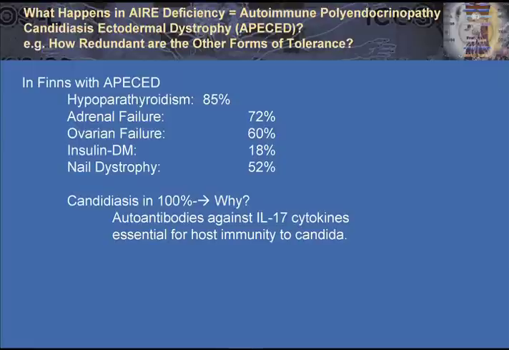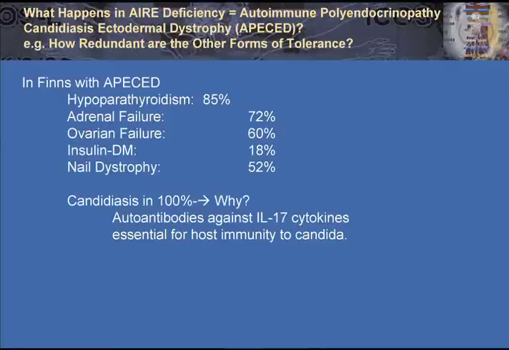Ovarian failure, 60%. Interestingly, diabetes, that is an immune response directed against the islet cells and insulin, only occurred in about 18%. So you can imagine all these represent partial failures of tolerance. And yet we know that APECED has allowed autoreactive T cells to persist in all of these.